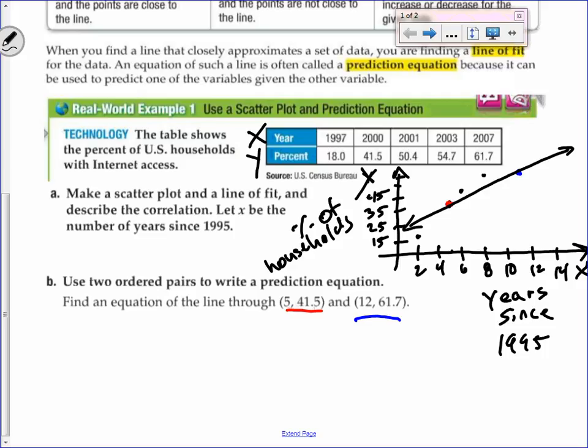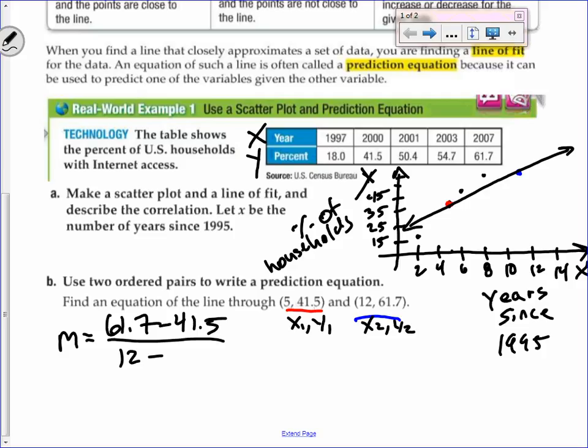Okay. So first thing we need to find is the slope of this line, in this prediction equation. And that's going to be y2 minus y1 over x2 minus x1. So let's just call this y2, x1, y1. This is something we should be familiar with. y2, 61.7 minus 31.5 over x2, 12 minus 5.